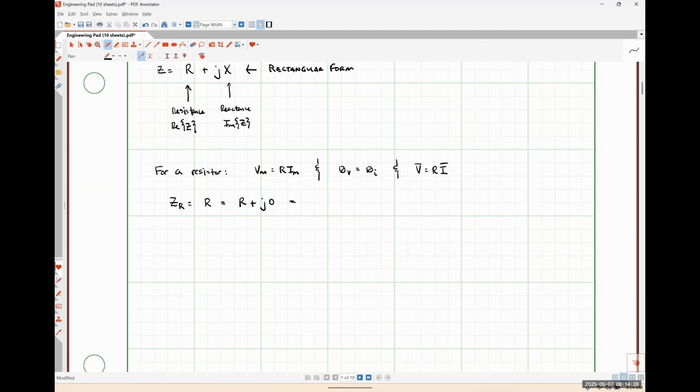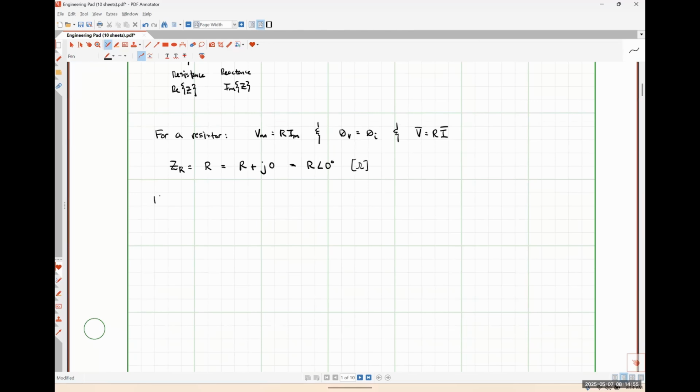And in polar form, this would look like R with an angle of 0 degrees. So what do you think the units of this impedance of a resistor are going to be? Ohms. Absolutely right, because it's just the resistor value itself. So all three of these expressions are indeed quantified in ohms. Okay.